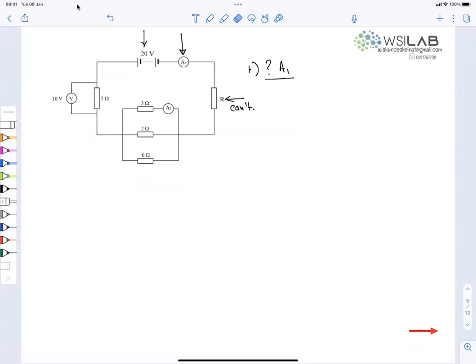So can I get all the current there? Yes. I equals V divided by R. The current there is the potential difference there, which was 10 volts, over the resistance there, which is 5. The current is 2 amperes. So the current there is 2 amps, but that's the total current, because the total current flows through there. Therefore, the reading on A1 is 2 amps.